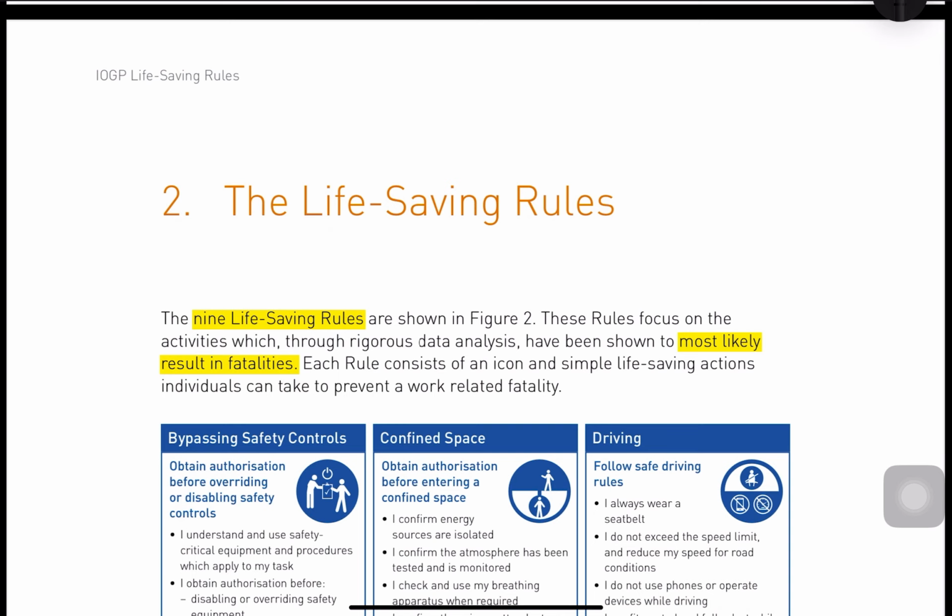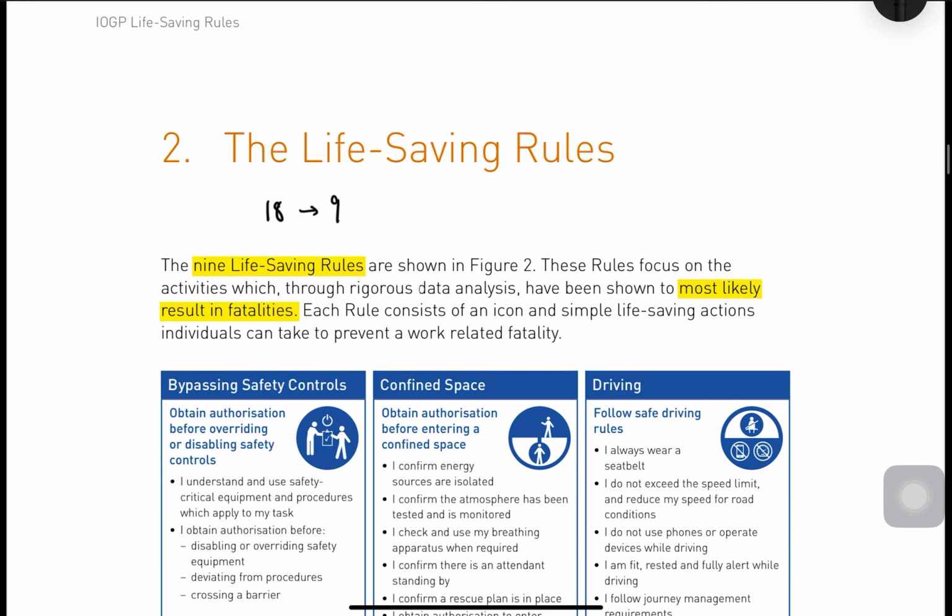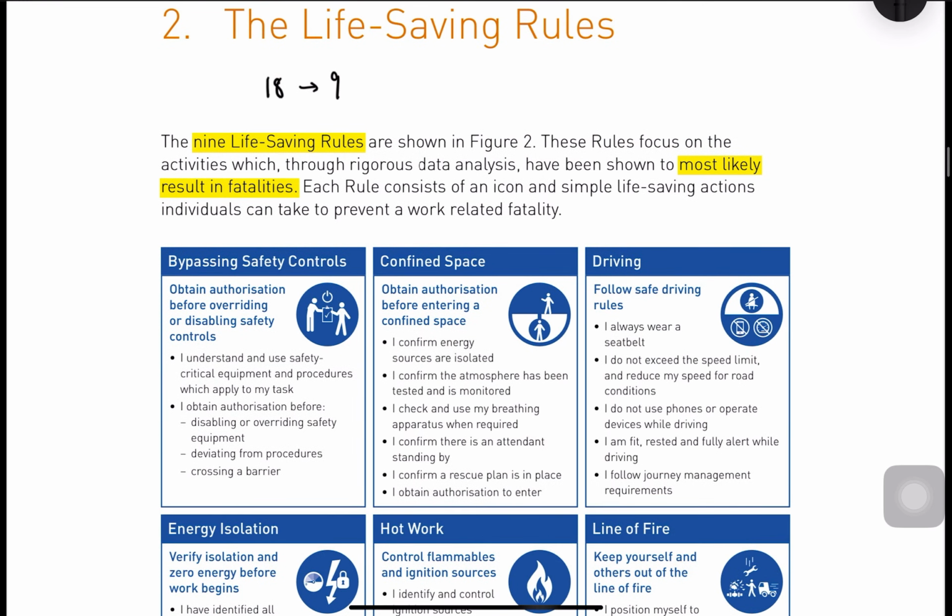If you remember, there were 18 life-saving rules. Now, we have 9. So what are the 9 life-saving rules that we want to talk about? First, bypassing safety controls.